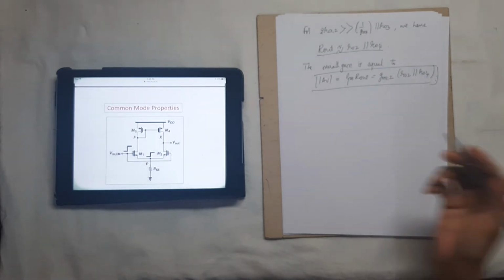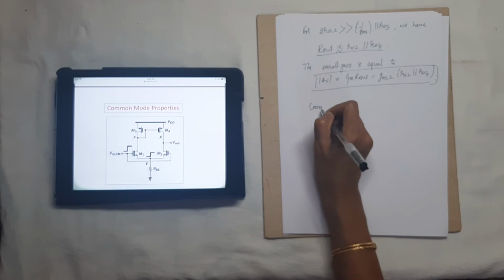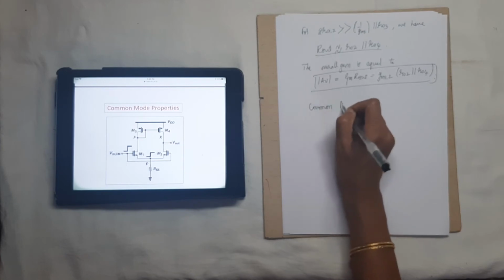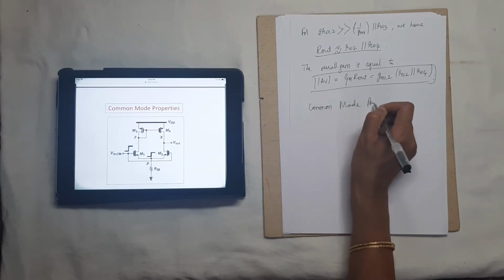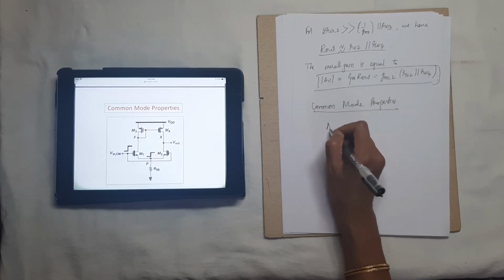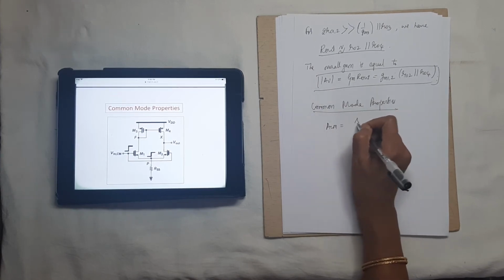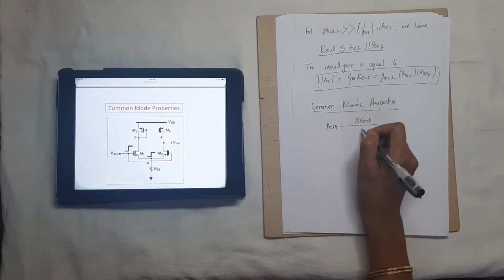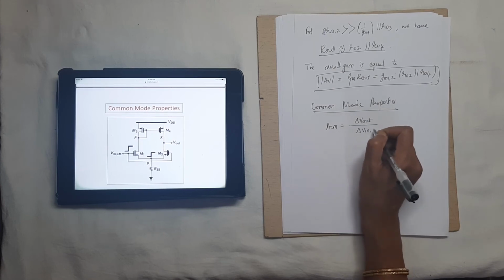Therefore, let us write the common mode properties. ACM can be written as delta V out divided by delta V in Cm.